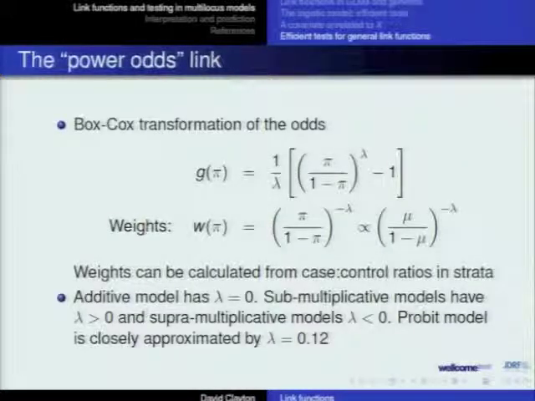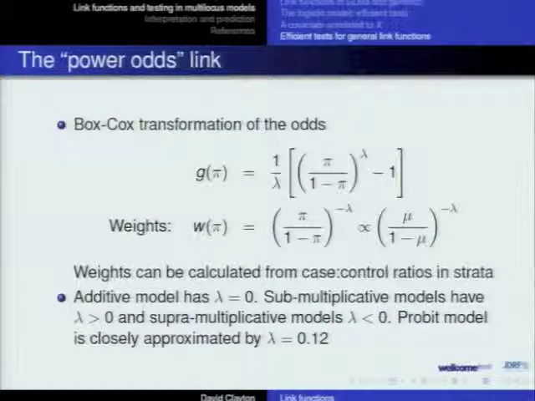This generalized transformation, taking a Box-Cox transformation of the odds, was introduced by Breslow and Storer back in the early 1980s, when epidemiologists were wrestling with this problem and trying to decide between additive and multiplicative models in some way.